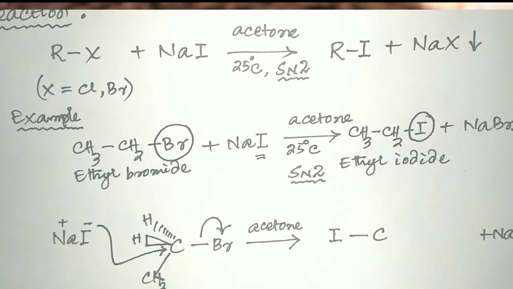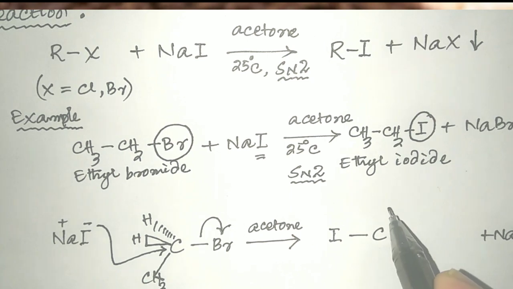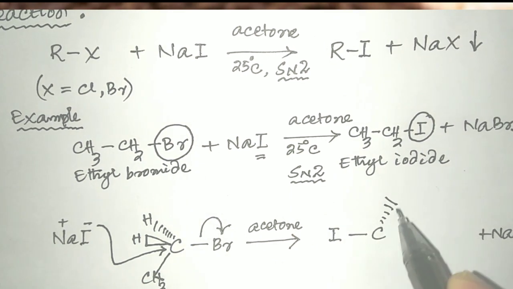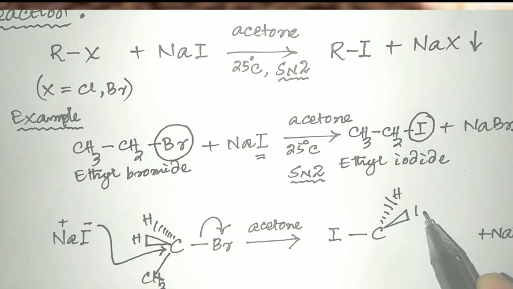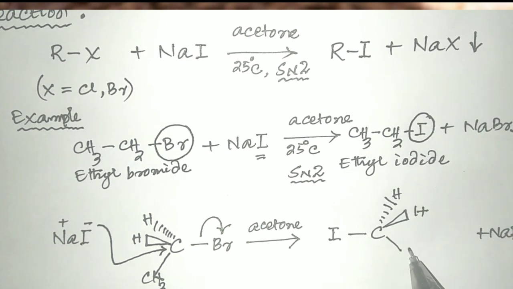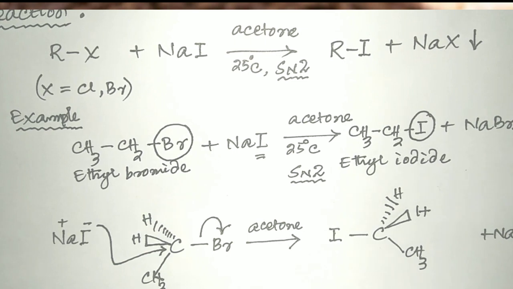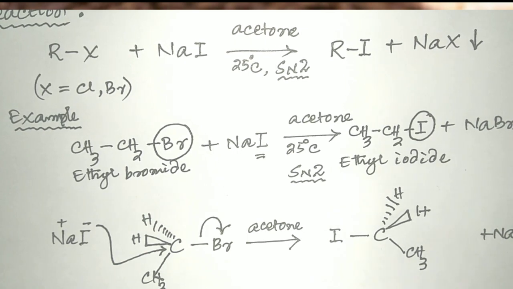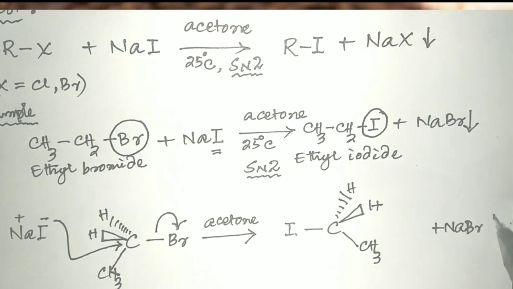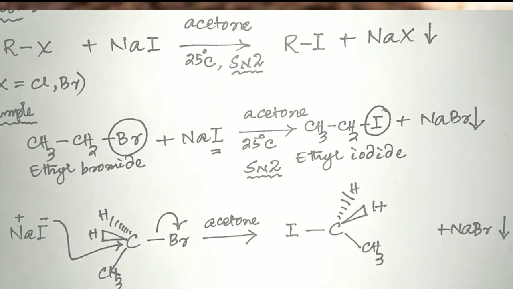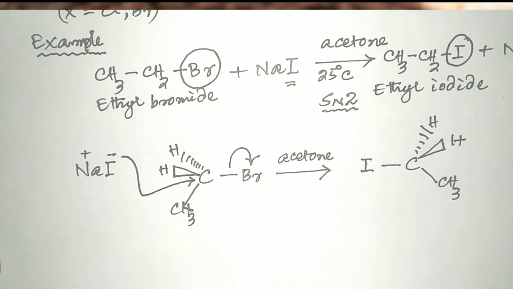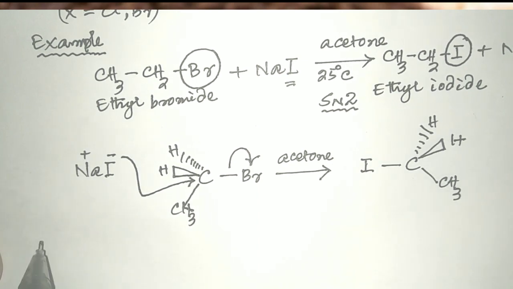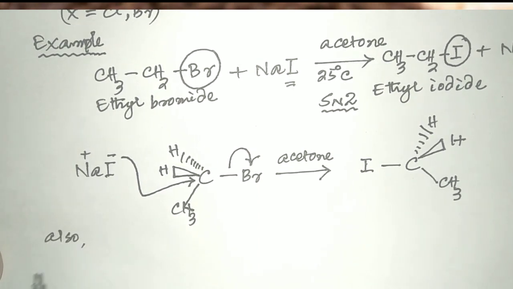Bromide ion and Na plus will form NaBr, and the carbon that contains the atoms or groups will be here: hydrogen, the second hydrogen, and one CH3 group, so it is ethyl iodide. We can compare the configurations of the product and the reactant here. The configuration has been inverted.